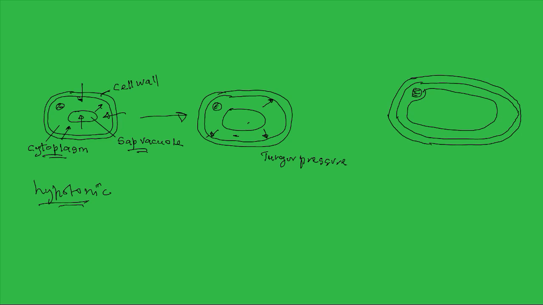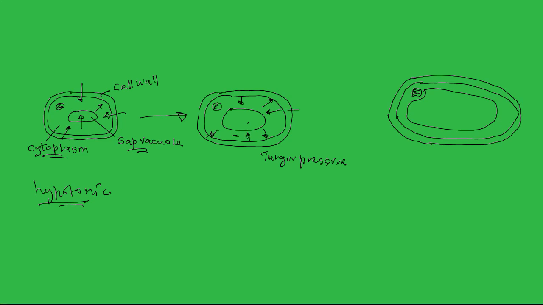Now, remember, the cell wall is rigid as a result of the cellulose. So, in resisting the stretching, the cell wall will exert an opposite and equal force.